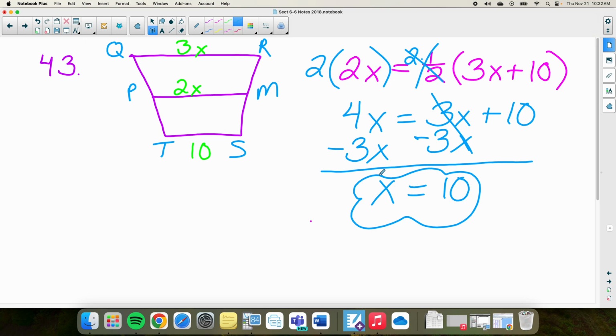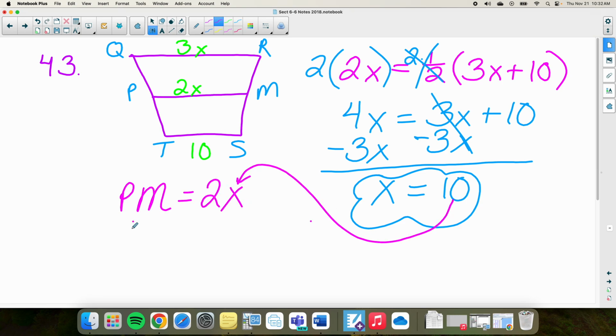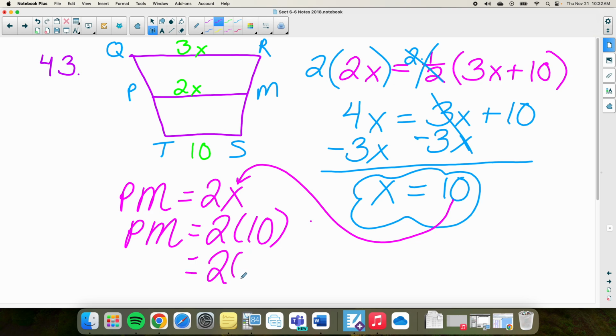They asked us to find PM. So if they want PM, that is 2 times x. So what I would do is take this 10 and put it in there. So PM would equal 2 times 10, which is 20. So you have to try to remember to look at what is it that they want us to find.